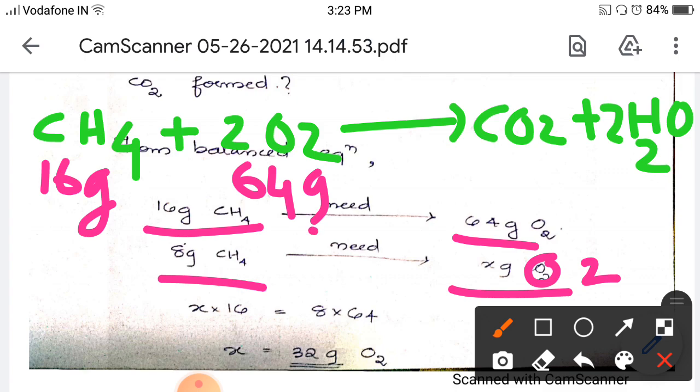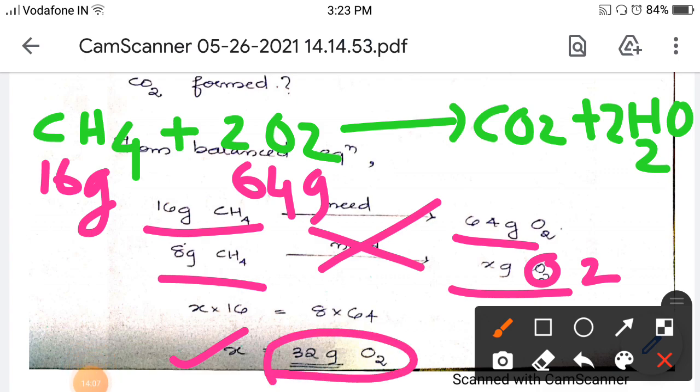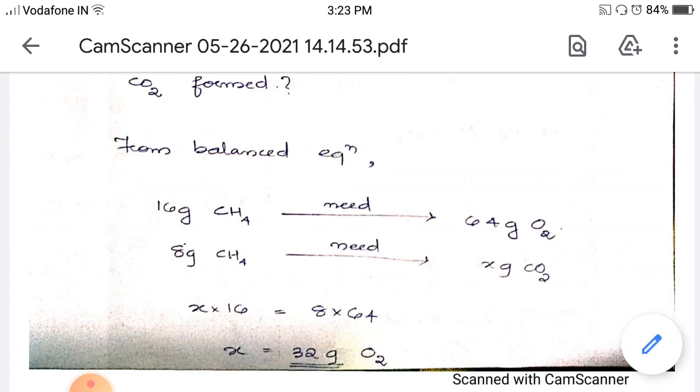Then cross multiplying, we get X, that is 32 gram oxygen. 32 gram oxygen is needed to react with 8 gram of CH4.